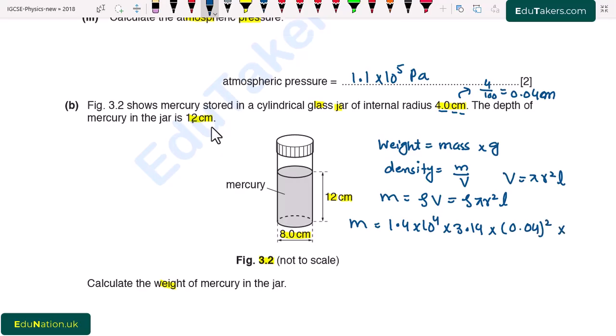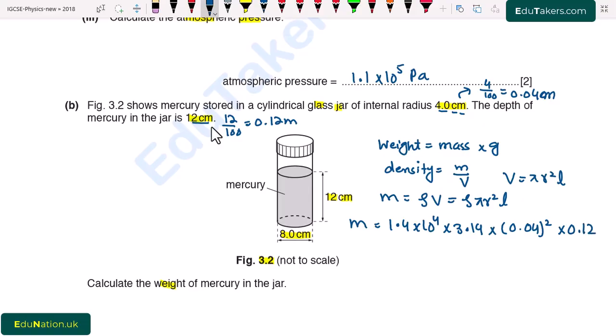Depth is given 12 centimeter and we also have to convert this into meter. It will be 12 over 100, 0.12 meter. So I multiply it with 0.12.